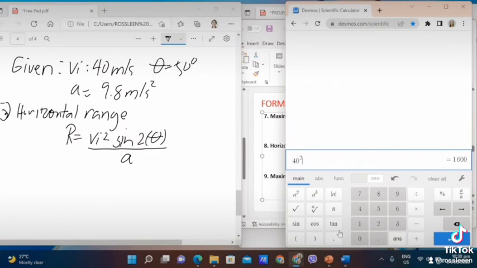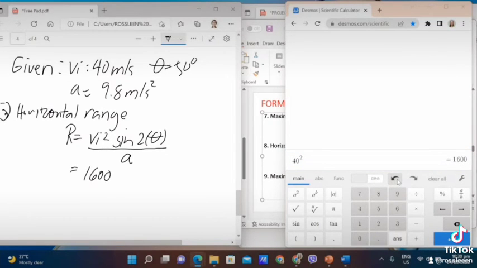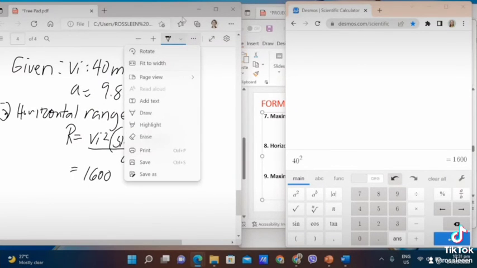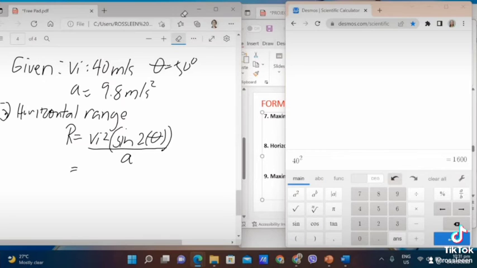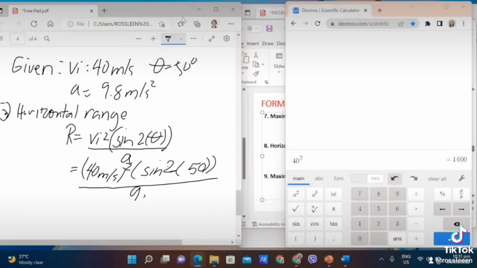Encoding this data into the Desmos calculator: 40 m/s squared, sine 2 times theta 50, over 9.8 meters per second squared.